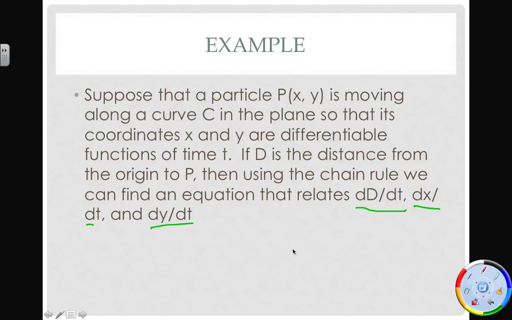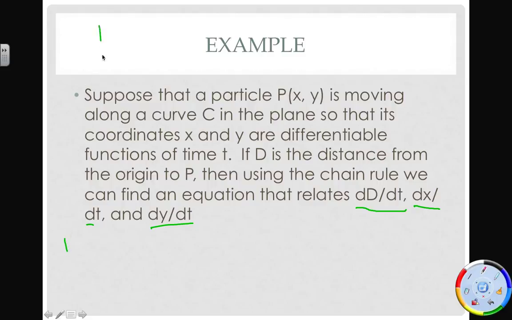What you're going to see here is a lot of implicit differentiation and substitution, equations you're familiar with, equations you might not remember off the top of your head. But first one being the distance formula.